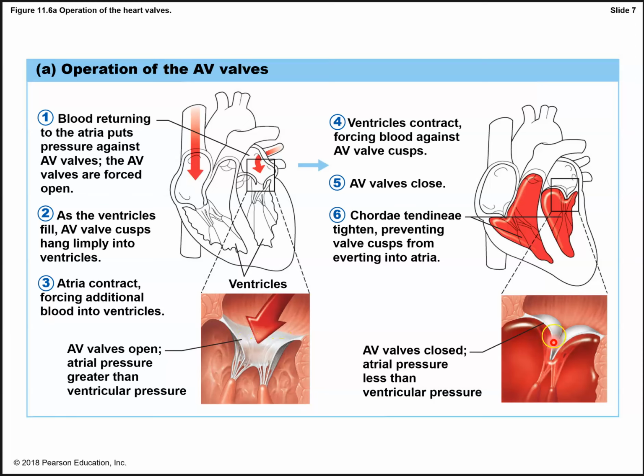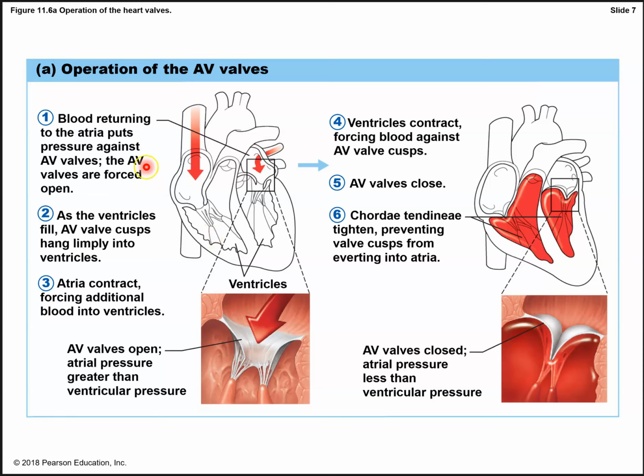So this is the atrioventricular valve, and these are chordae tendineae. Now the chordae tendineae are also known as tendinous cords. They prevent the backflow of blood from the ventricles into the atrium. So when the heart contracts, the tendinous cords tighten and they shut close the AV valves to prevent backflow of blood.